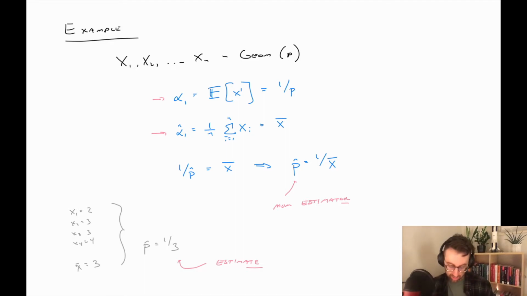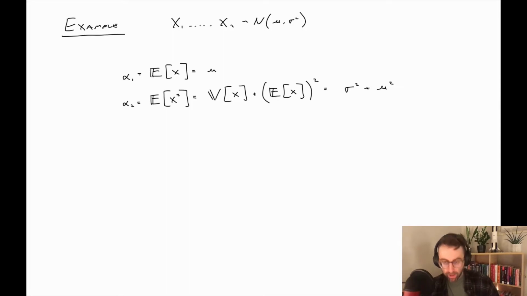Okay, cool. All right. Another quick example. So this time, let's assume we have some random sample that we're going to assume came from a normal distribution with some unknown mean and unknown variance. So the first thing I need to do is find the first and second moments, which I've done here already. Notice that they're both functions of the two unknown parameters.